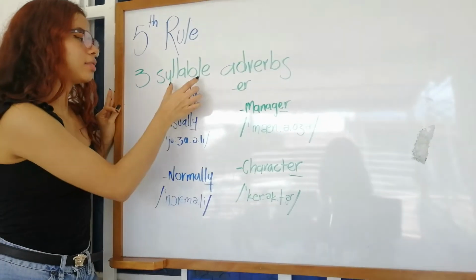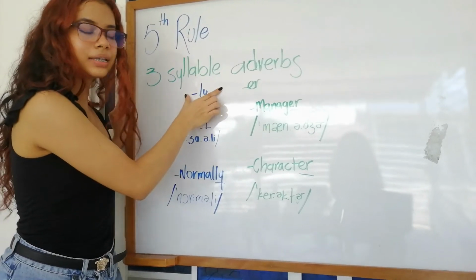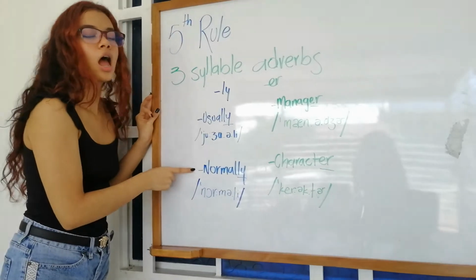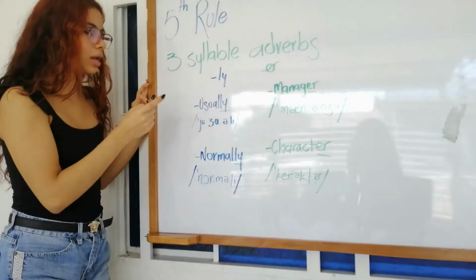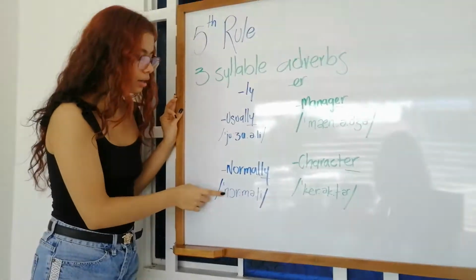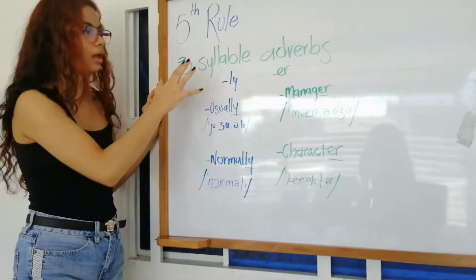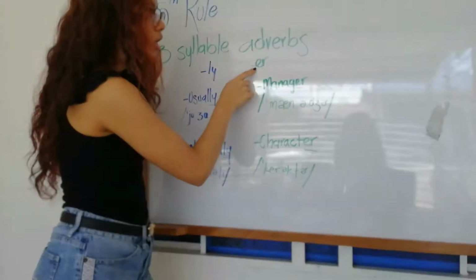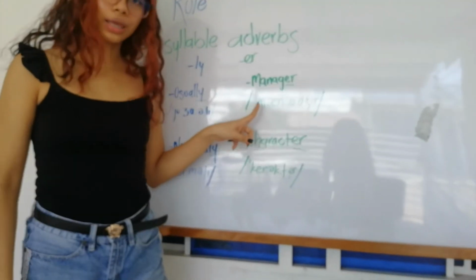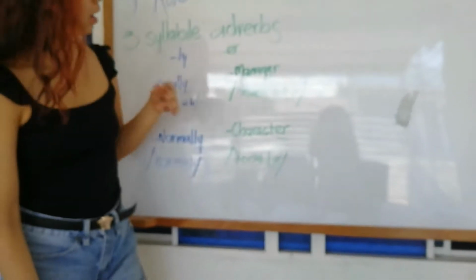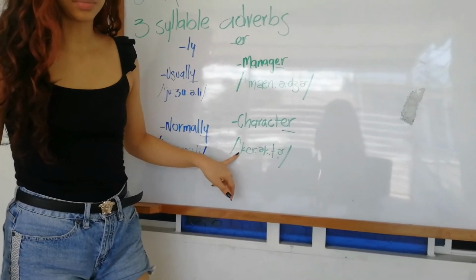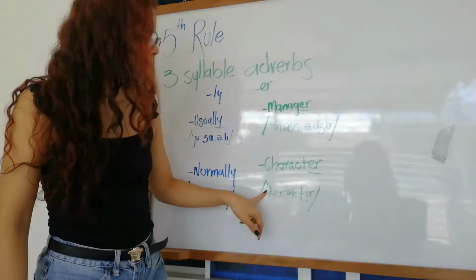With the ending "ly," we got these two examples: usually and normally. The stress is right here. Usually, and normally. With the ending ER, we got manager, and the stress is right here. Manager. And with character, the stress is here, at the beginning of the word. Character.